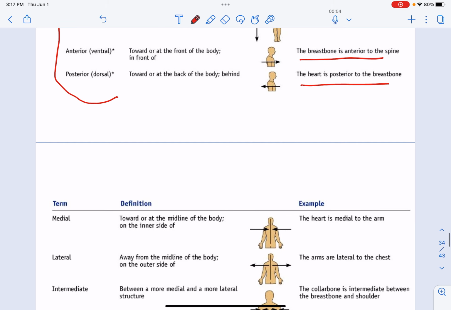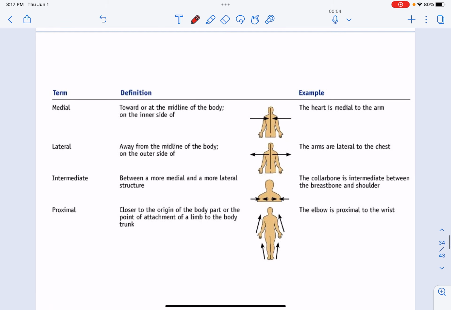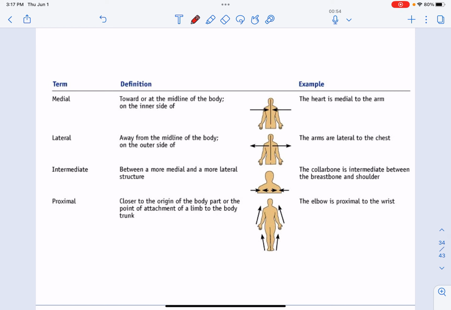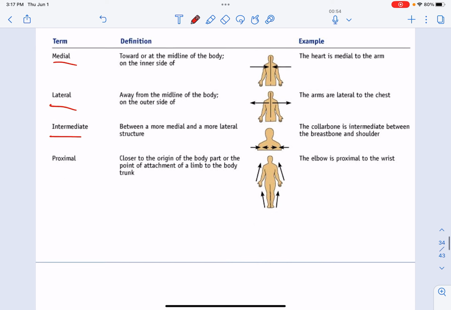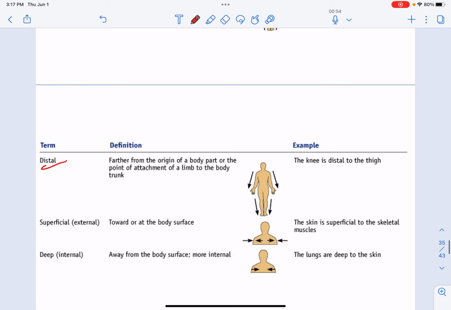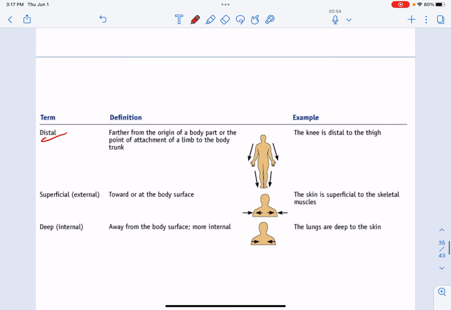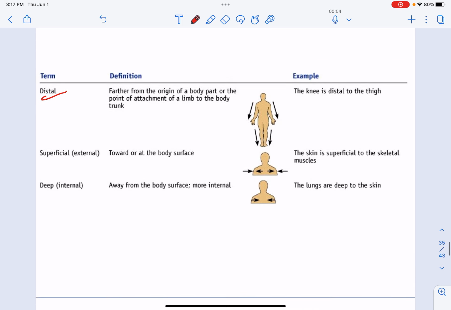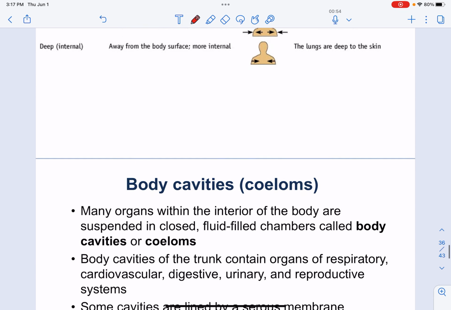If you need a better explanation for any of the terms that I went over, okay, here's medial and lateral again. I lost my pen. Intermediate, there's proximal and distal here. Again, if you need it, I'm going to upload these additional slides for you to work through if you are having trouble with the directional terms.